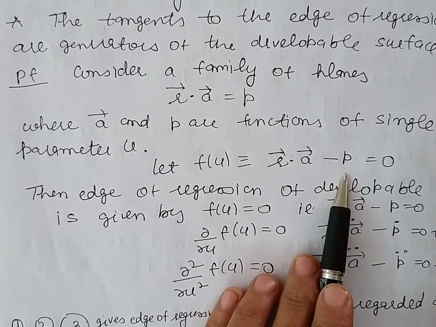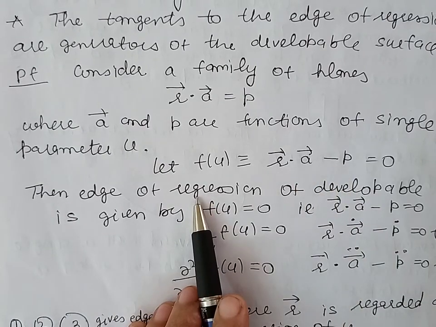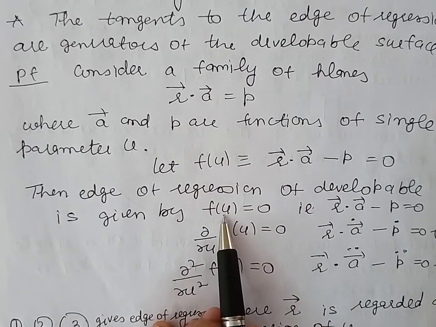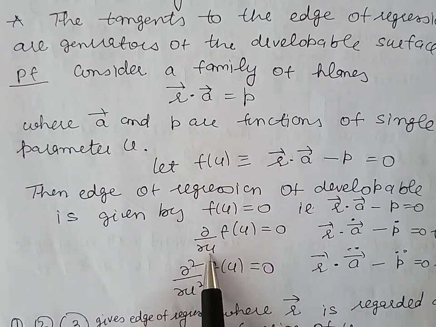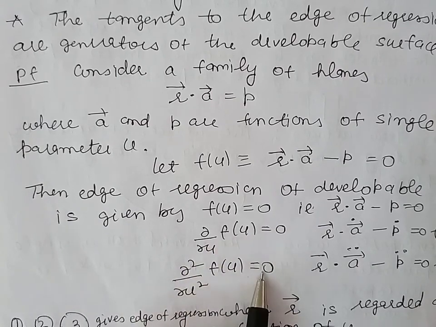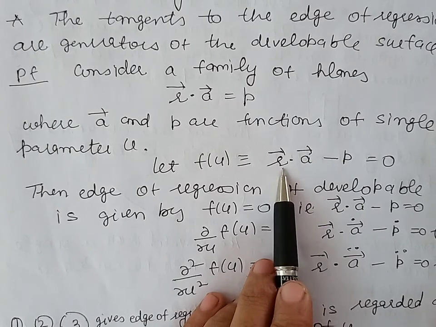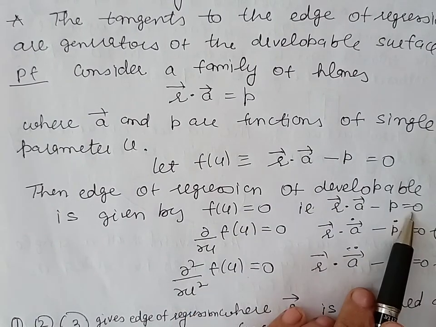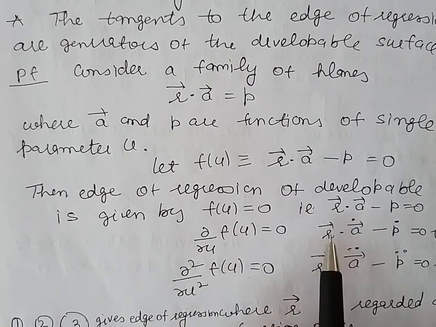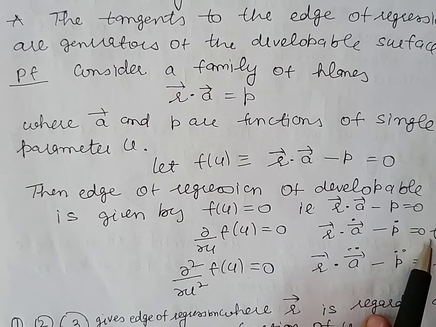Now we are to find the edge of regression. By definition, the edge of regression is given by three equations: f(u) = 0, ∂f/∂u = 0, and ∂²f/∂u² = 0. So f(u) = 0 means r · a − p = 0. ∂f/∂u = 0 gives r · ȧ − ṗ = 0.